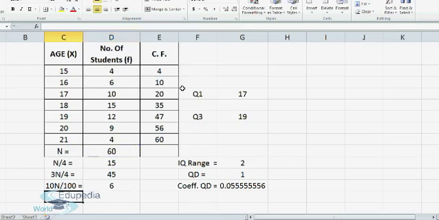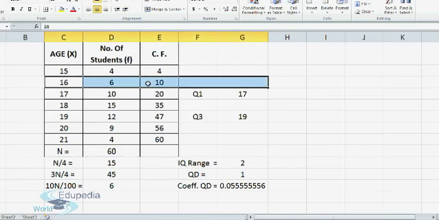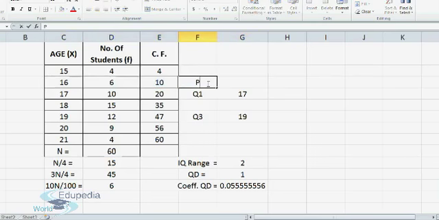That gives me 6. Now 6 corresponds to this class here because the cumulative frequency here is 10. We have our P10 equals 16.